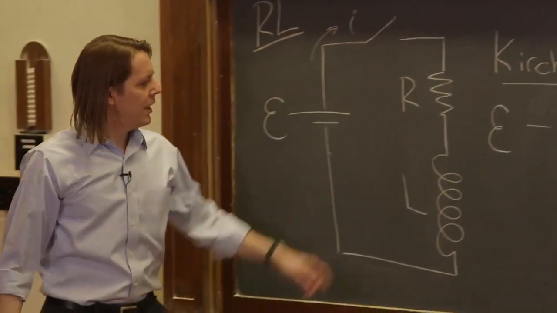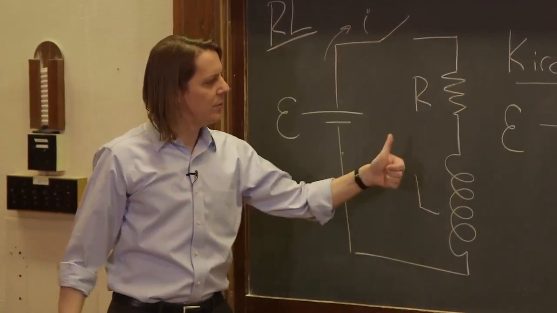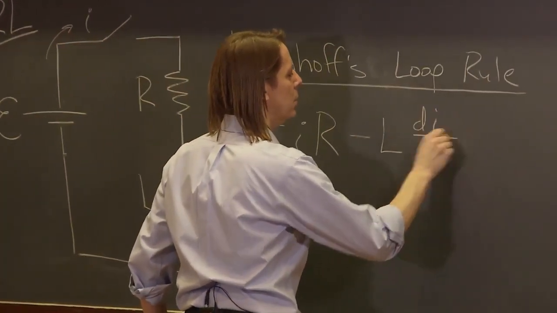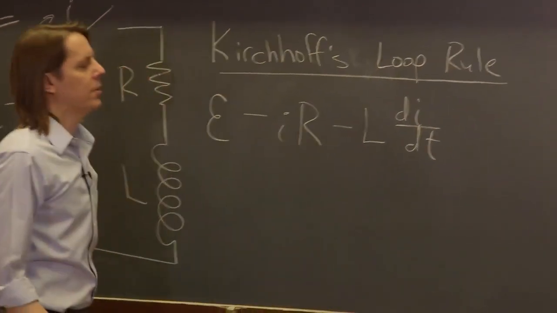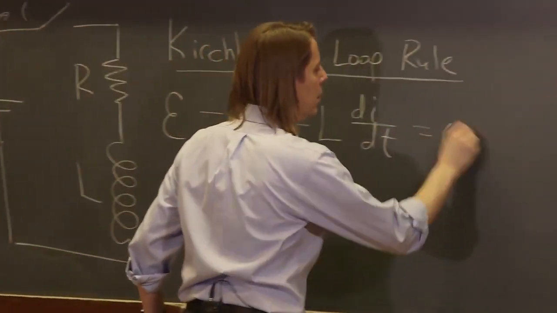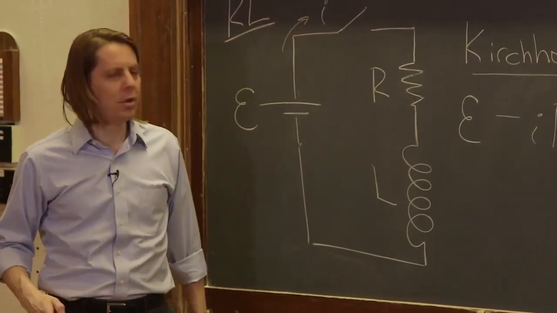Like that. And then we know this is going to be a back EMF, so we would say minus L di dt. And you get back to here, back to 0. So that is Kirchhoff's loop rule for the RL circuit.